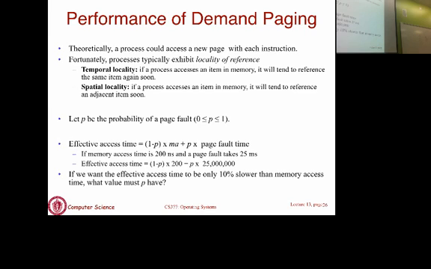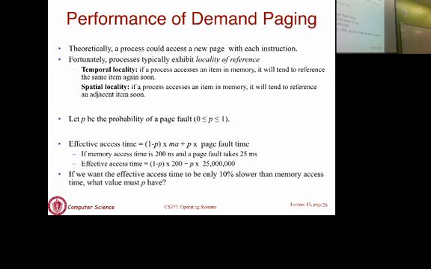It should be clear why temporal locality exists. Let's say you are sequentially executing a program. You execute an instruction, let's say the 10th instruction. It's in a certain page. If you are sequentially executing the process, you may then execute the 11th instruction. That's likely to be in the same page. So you access the same page again, and then you access another instruction. Until you have a loop or a branch, or you executed all the instructions on a page, you are going to access the same page over and over again.